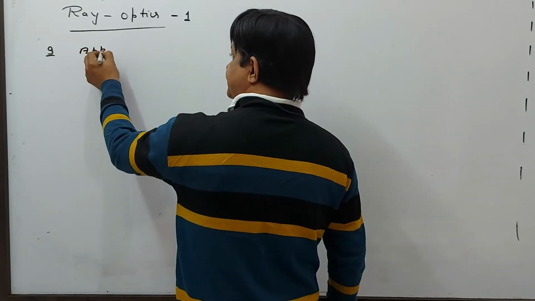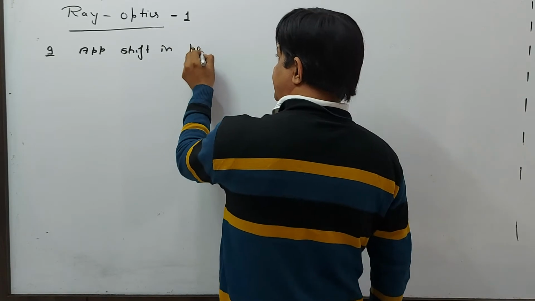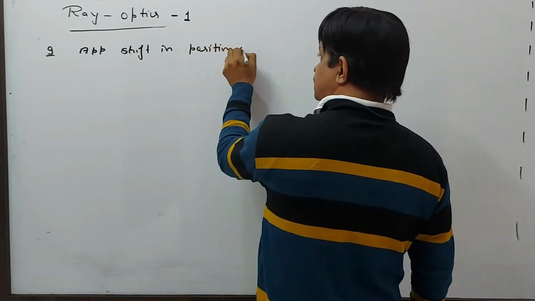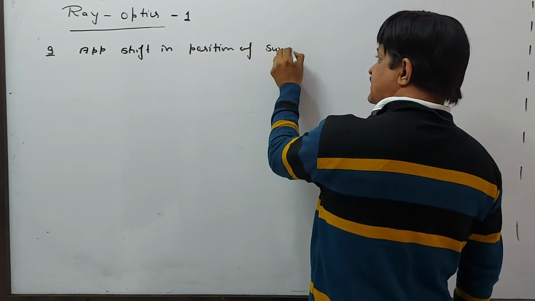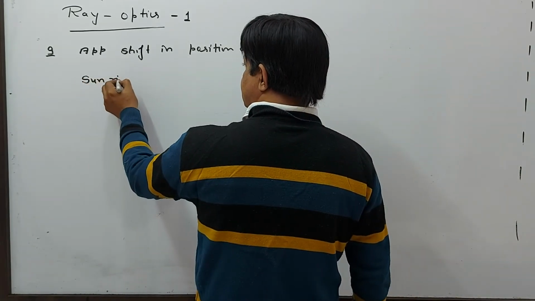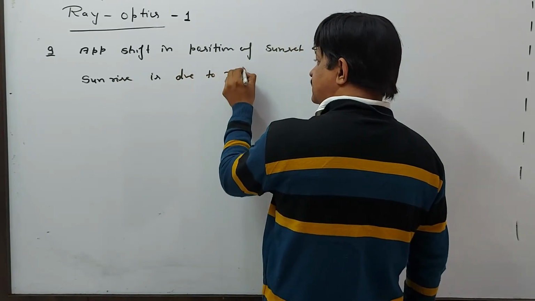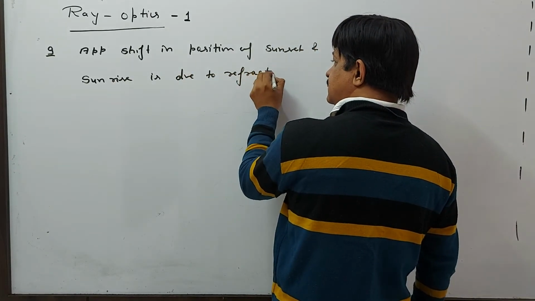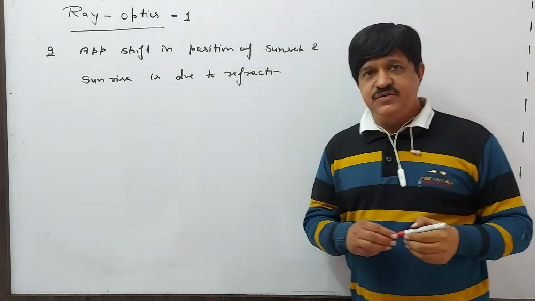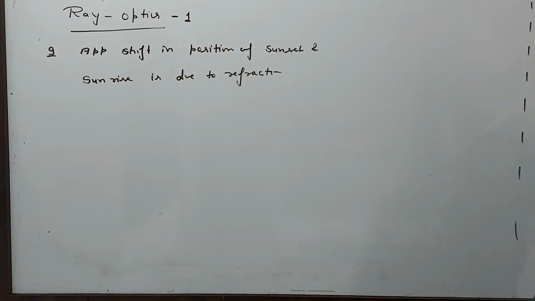Apparent shift in position of sunset and sunrise is due to refraction. The atmospheric refraction will take place, and as a result, there will be a delay in the sunset.